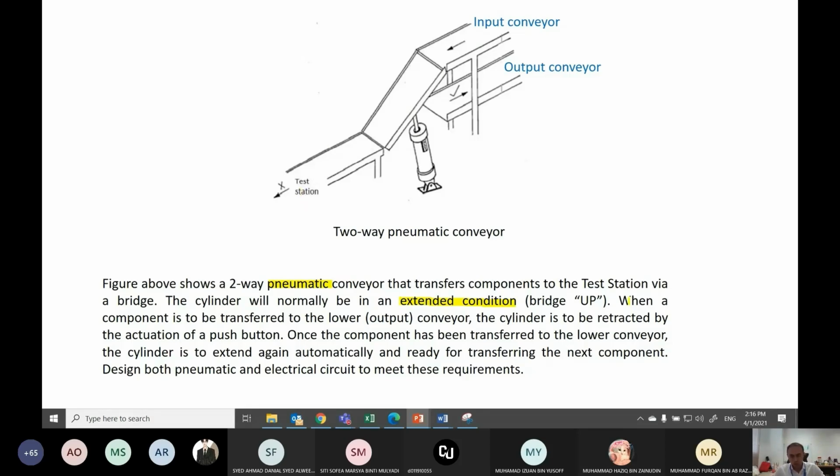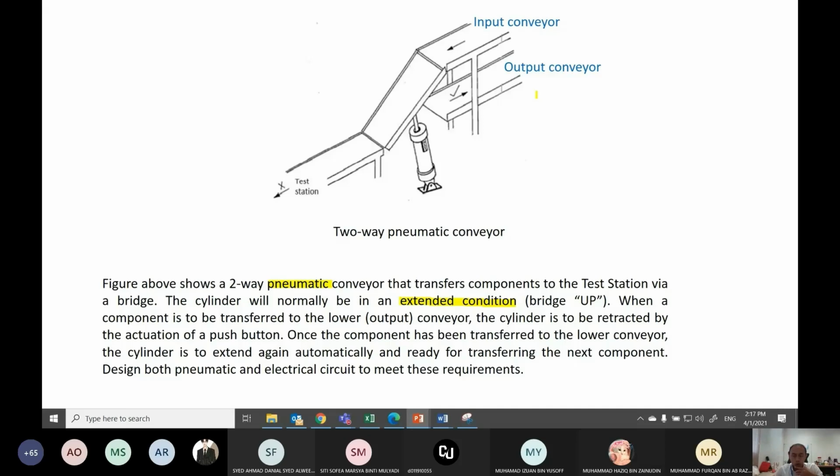Next, continue reading. When a component is to be transferred, maybe any electronic component or any box, you need to transfer the component to the lower output conveyor.